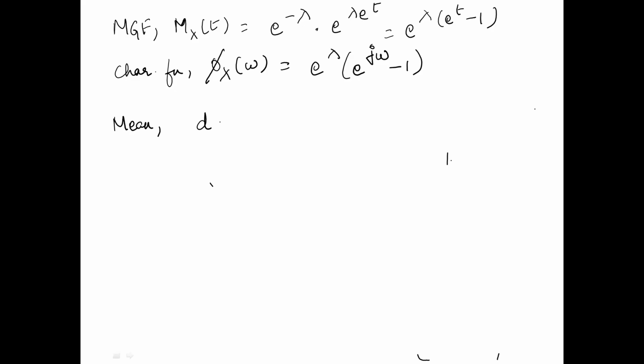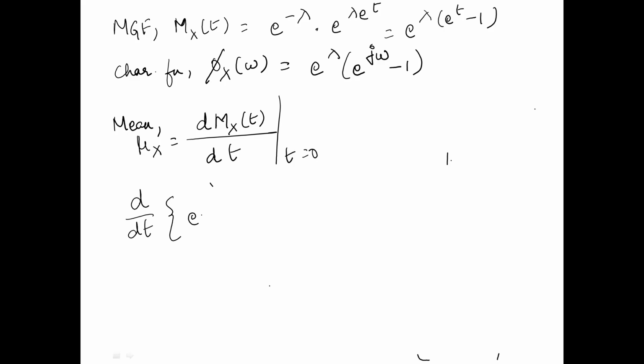Mean value, we know that you differentiate the moment generating function once, and then substitute the value of t to be 0 wherever it is present. So I'll try to do the same thing, d by dt of e power lambda times e power t minus 1. Then towards the end, I'm going to substitute t as 0.